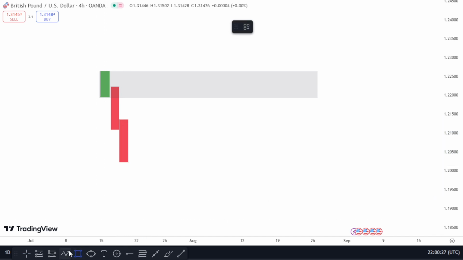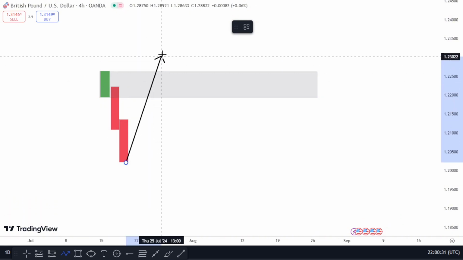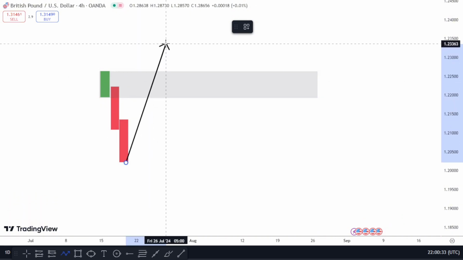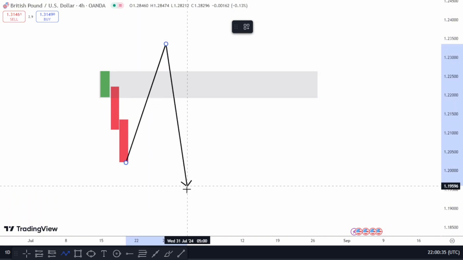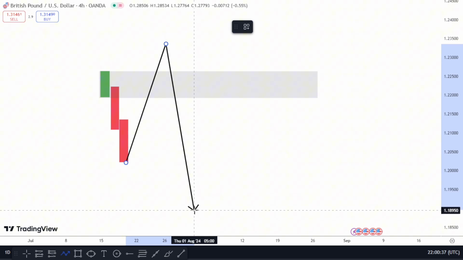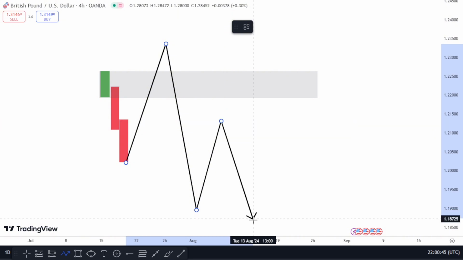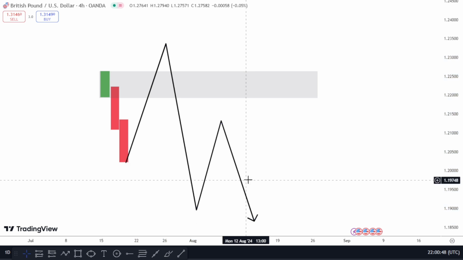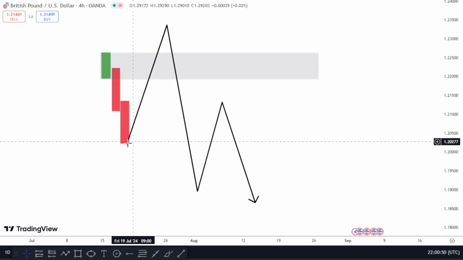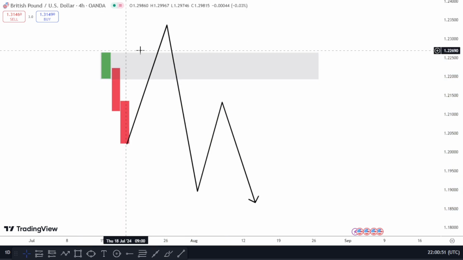To identify that, what happens? The market comes, sweeps that area, gives us a break of structure to the downside, then gives us a pullback to validate the POI, and then another break of structure to the downside. There is a sweep of liquidity here, which you can clearly see.